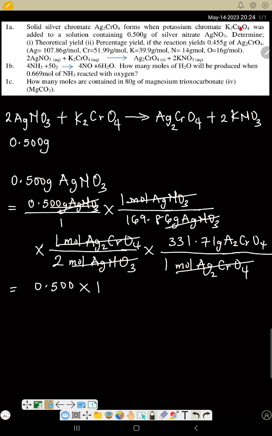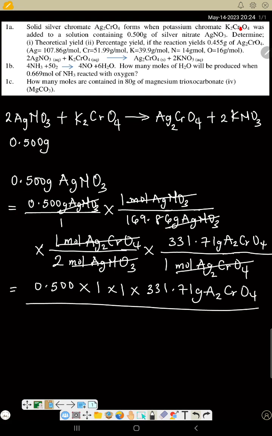I'm multiplying all the ones together, times 1 times 1 again, times 331.71 gram of silver chromate, divided by the denominator 1, that will be 1 times 169.86 times 2 times 1.